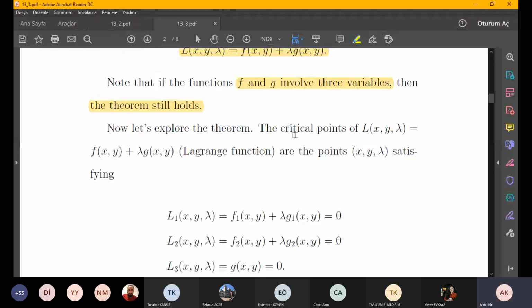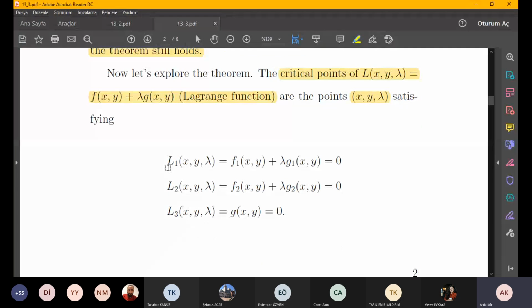If we look at what the theorem means, the critical points of the Lagrangian are points (x, y, lambda) satisfying, since we find the critical point of the Lagrangian function, that all the first partial derivatives are 0.